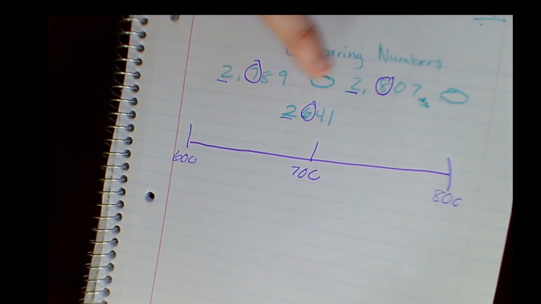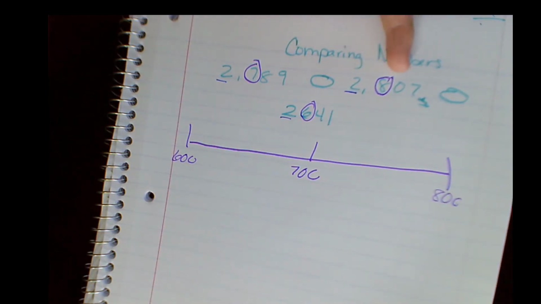So in our little circles, we need to put the symbol. Is it greater than, less than, or equal to? And remember, you have to read it from the way it is written. So 2,789 is greater than, less than, or equal to 2,807. Now, which one's the bigger number? The 800 is, right? The 2,807.